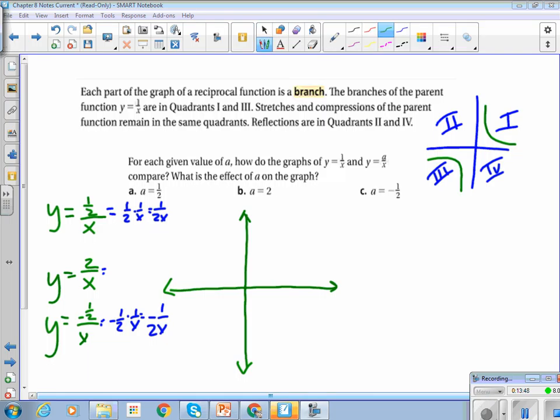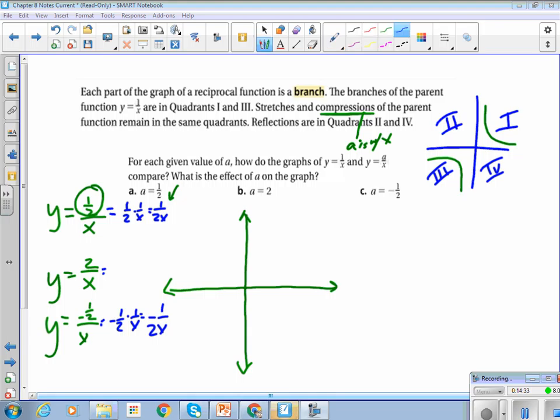If you see an equation and the a value is down below with the x, know that you have a compression. So a is with the x, you have a compression. We're going to have a compression of 1/2. That's why we originally wrote it as 1/2 over x, so that you can see that before we do our number manipulation and make it look decent, our compression is 1/2. So all of our values that we had before with 1 over x are going to be cut in half.